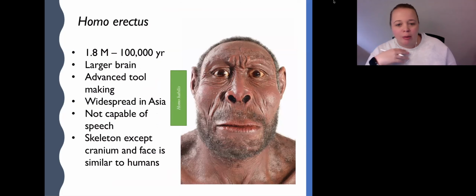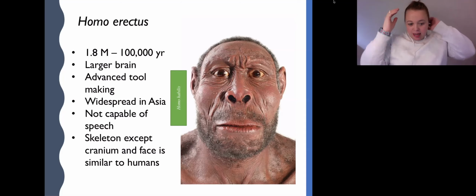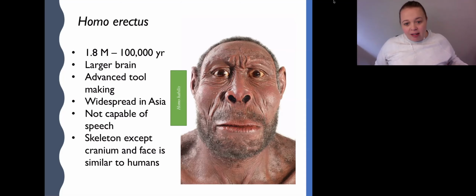We've had a look at the bones to suggest what their larynx may have looked like, and we don't think they had the ability to speak. Their skeleton, except for their cranium and their face, is actually very similar to a human skeleton, which is pretty cool.